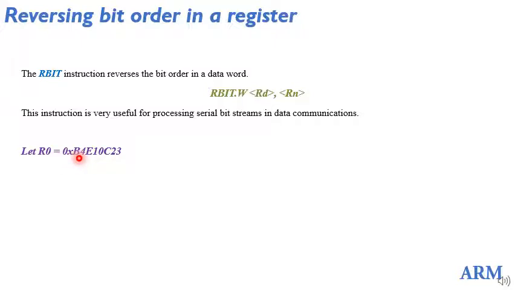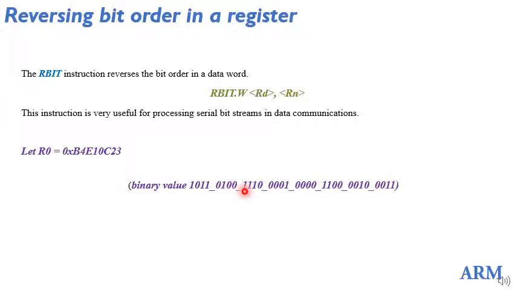Let R0 equal 0xB4E10C23. I need to reverse the entire bit pattern, so I will write the number in binary. B is 1011, which is 11 in decimal. 4 is 0100.